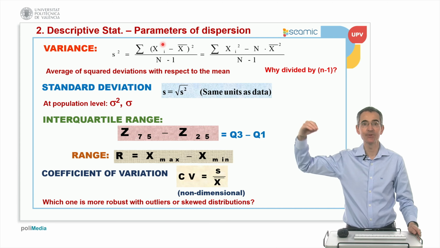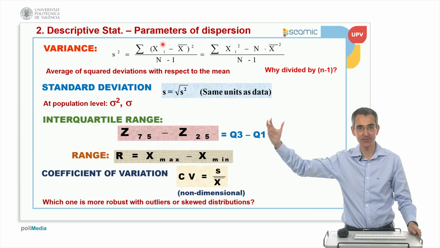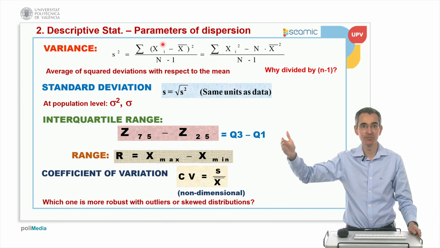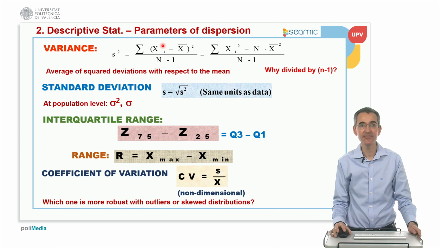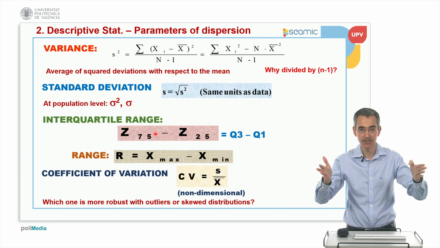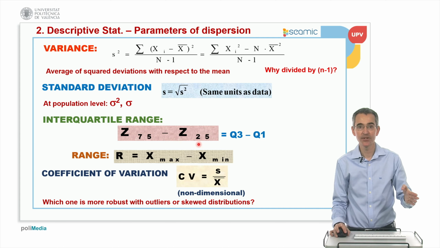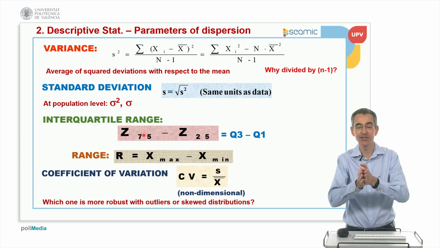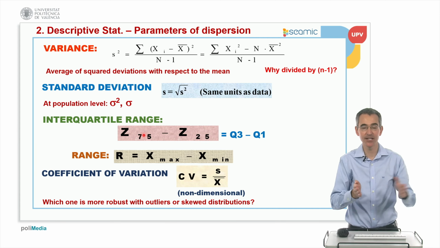If I have an outlier which is much, much bigger than the rest, and we should remove that outlier, it affects the variance a lot. But it does not affect the interquartile range. If you remember the concept of the interquartile range, third quartile minus the first quartile, the third quartile is the value so that below I have 75% of the values.